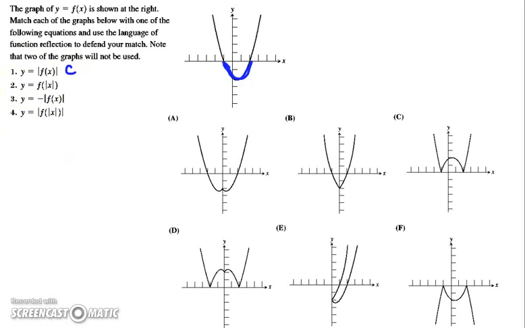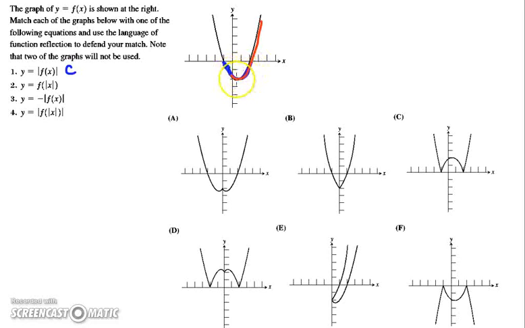Then if we think about number 2, number 2 wants us to find f of the absolute value of x. So that's the one where we wanted to take everything with a negative x value and replace it with everything with a positive x value. So everything with a positive x value is here. So we want to replace all of this stuff here with this red portion.